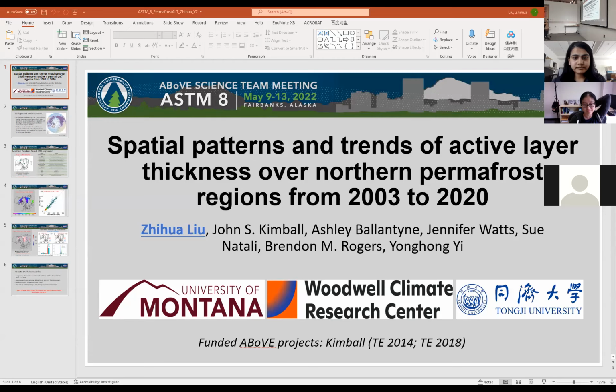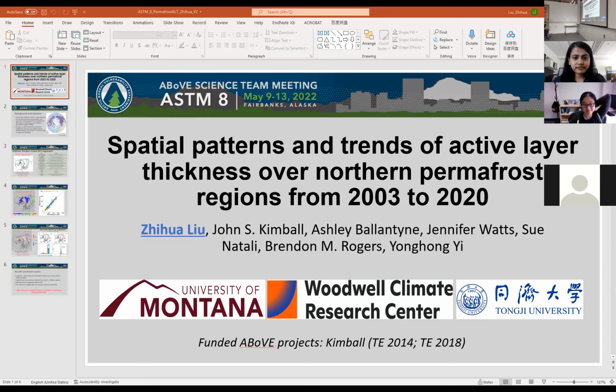So rapid climate warming has sparked lots of interest to understand the thermal state of permafrost and the consequences for ecology, environment, and society over the permafrost region. Active layer thickness is a key indicator for the thermal state of permafrost, but long-term observational-based gridded ALT data is still lacking.